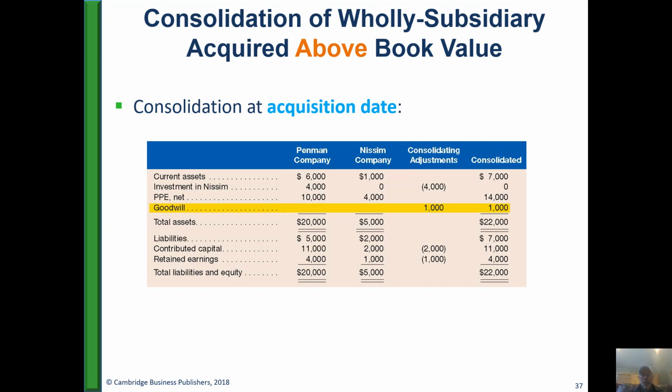And that's shown here on slide 37, where we have Penman, Nissim, and on the consolidated holdings we show goodwill, which doesn't show up on either of Penman or Nissim, but closes the gap between book value and what we paid for the company on the consolidated reportings.